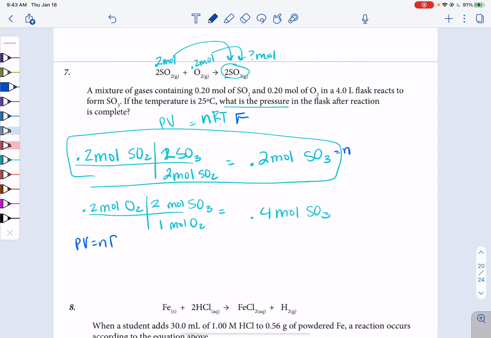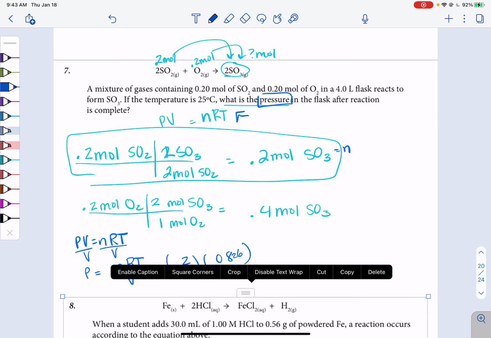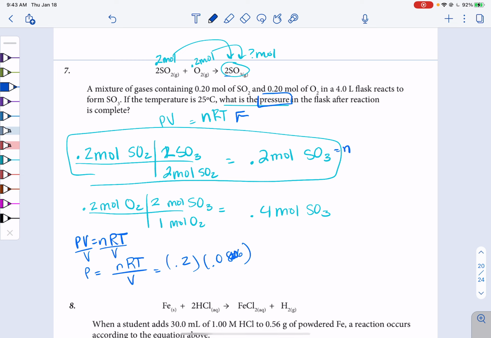PV equals nRT. And we would like to solve for pressure. So let's rearrange this where we have pressure by itself. So we're going to get rid of the volume and say P equals nRT over V. So the n is 0.2. The R is 0.08. I don't know. It's in your answer key. Hold on, I have it right in front of me. 0.08206, okay?